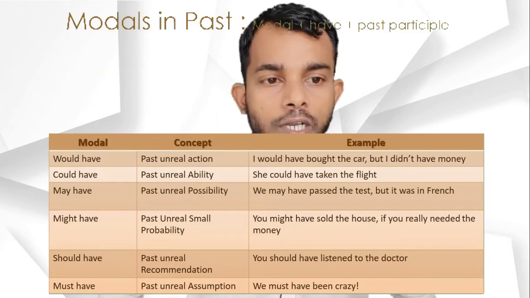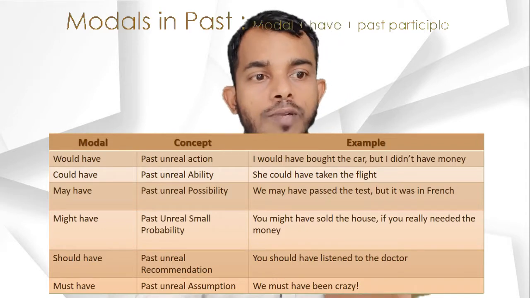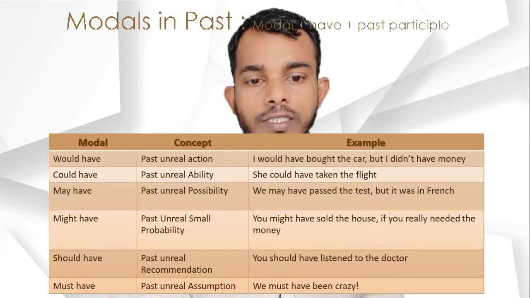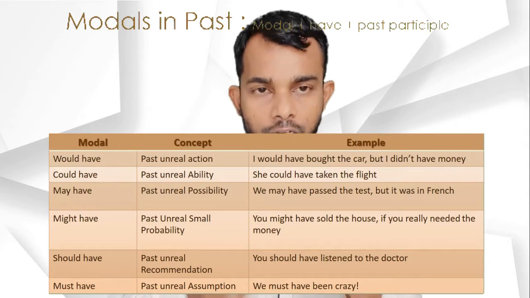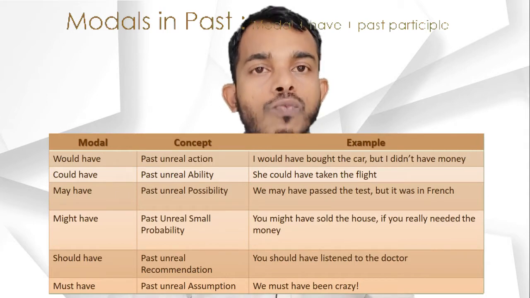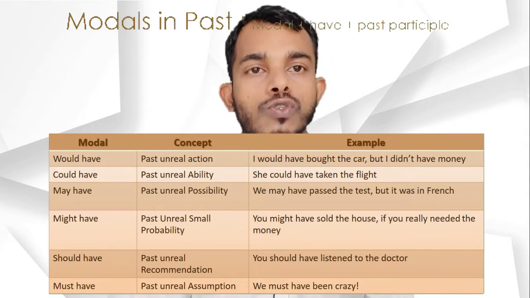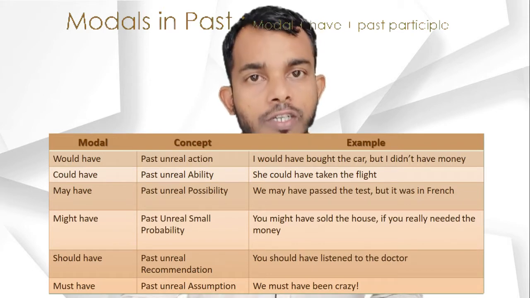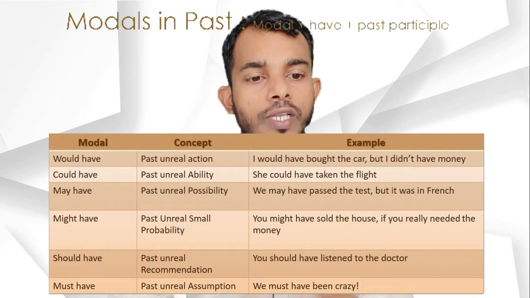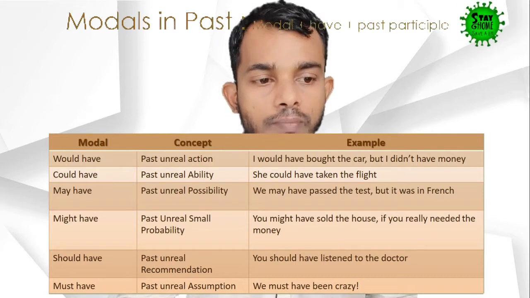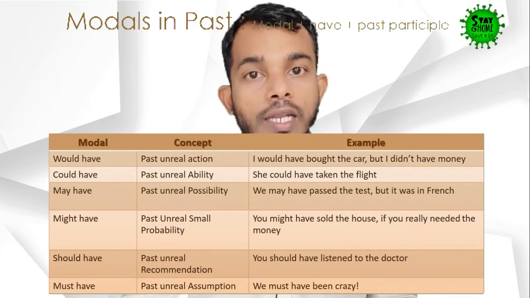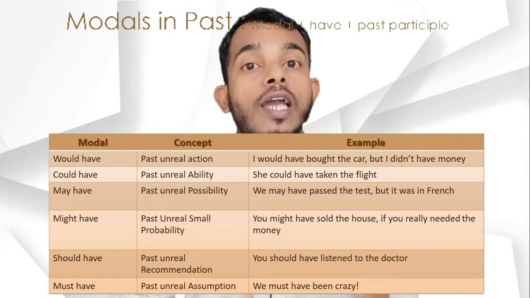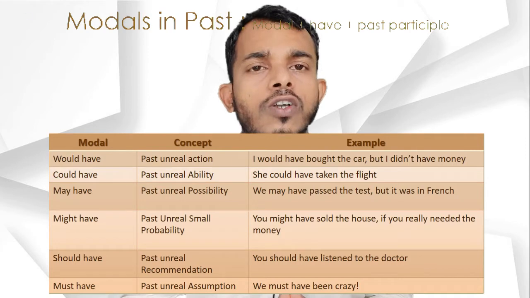Then modals in the past, that is modal plus have plus past participle, with examples again, and the meaning also. For example, would have: what is the meaning? It is a past unreal action. I would have bought the car but I didn't have money. I could have got full marks but I did not study well.